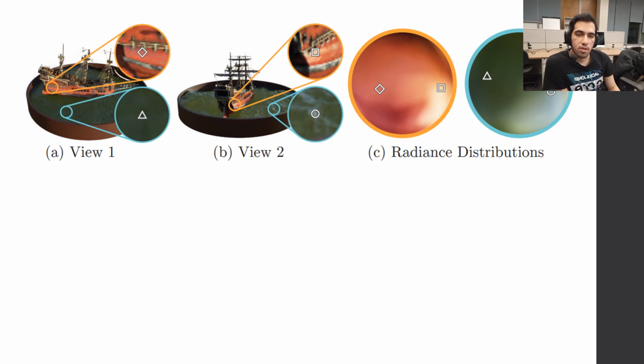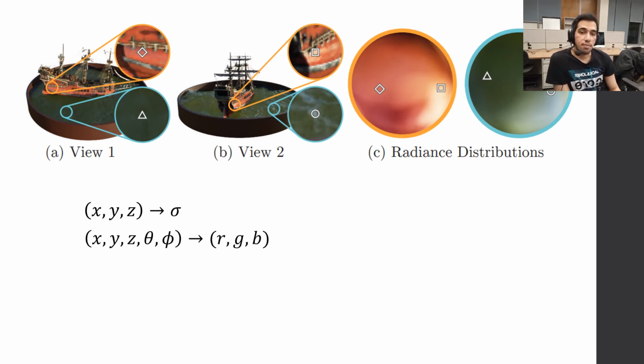If you have noticed from the model that we showed in the previous slide, the output density feature is only dependent on the location X, Y, and Z. However, the color is dependent on both the location X, Y, and Z and also the direction that we're trying to look at it from.